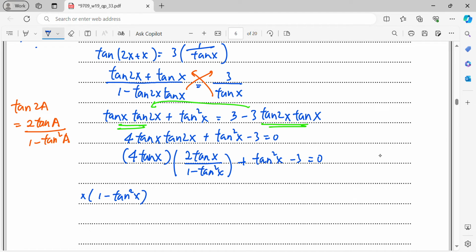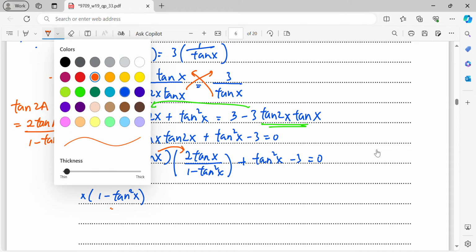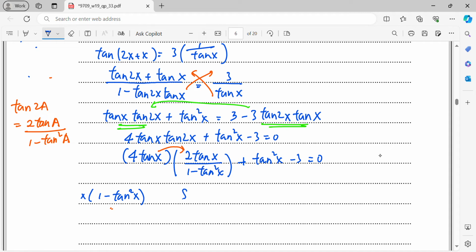So for the first term, you just do expansion. That means just the numerator, you times together, and then for the second and third term, basically you are multiplying with 1 minus tangent square x. So here I will be getting 8 tangent square x plus tangent square x minus 3 multiplied with 1 minus tangent square x.